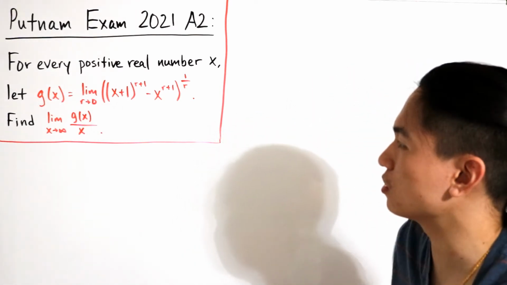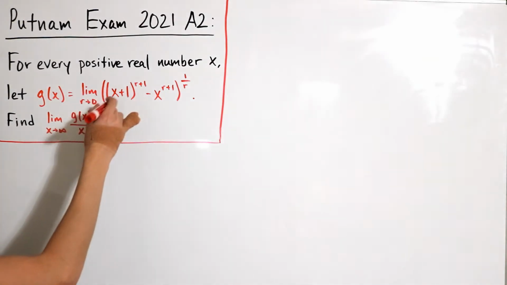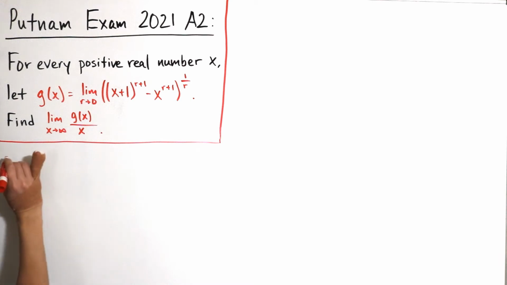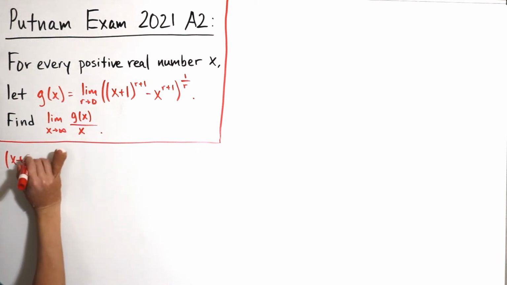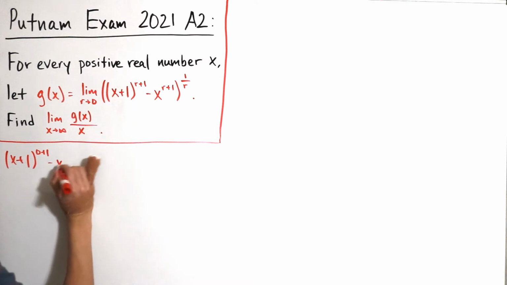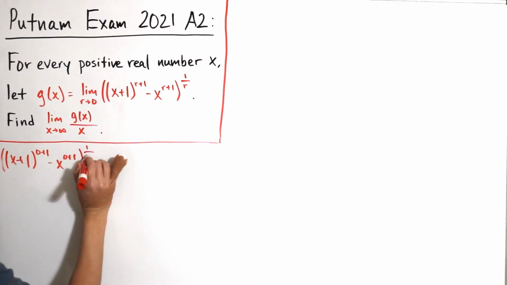All right, let's just jump in. So straight off the bat, you'll see that if I plug in r approaches 0, we have x plus 1 to the power 0 plus 1, subtract x to the power 0 plus 1, and then all this quantity to the power 1 over 0.